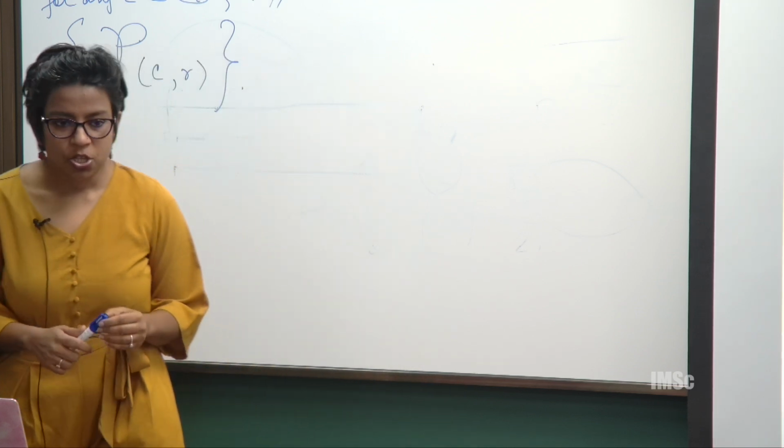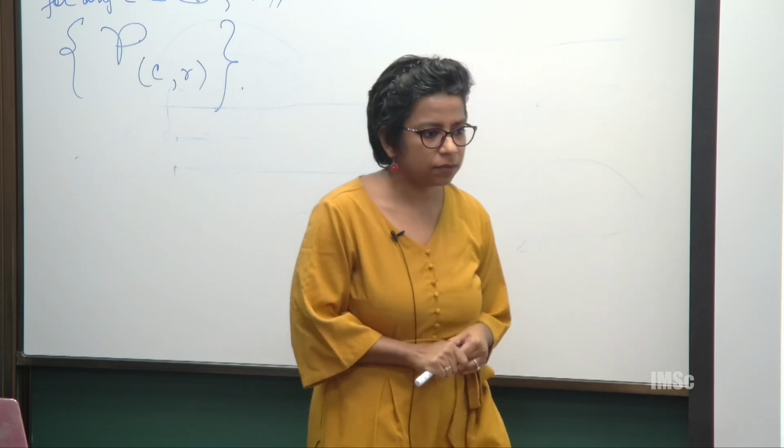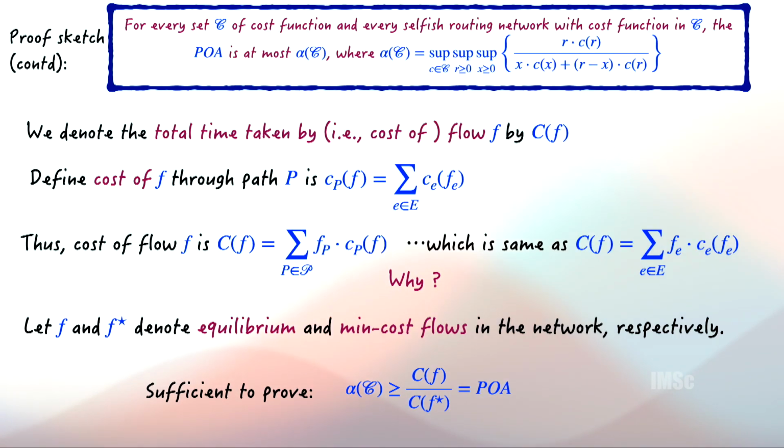So, any idea how we can prove this? Think. The cost incurred by any edge is due to the flow on that edge, correct?